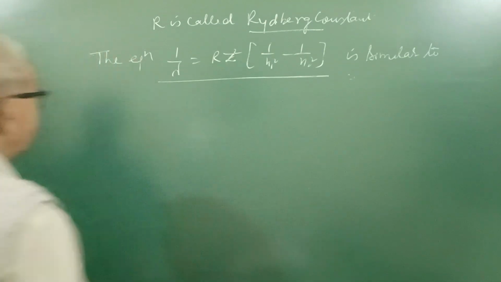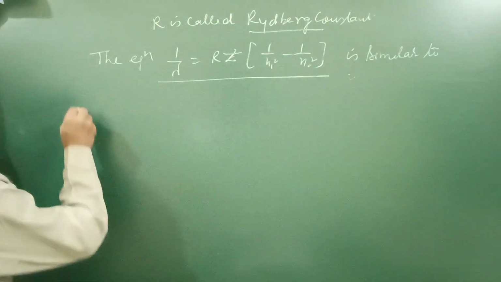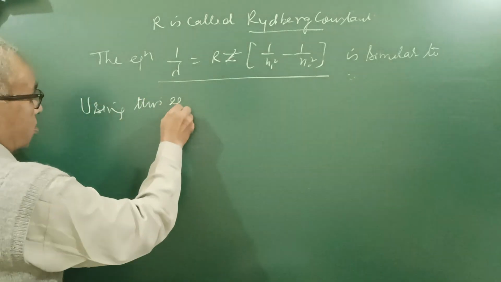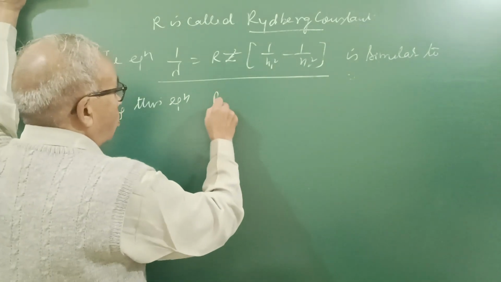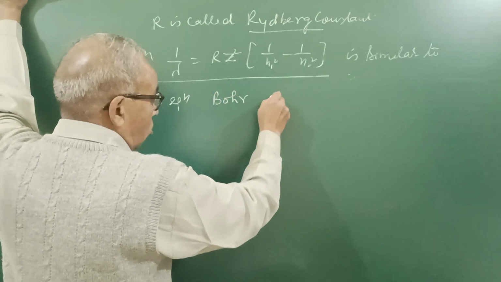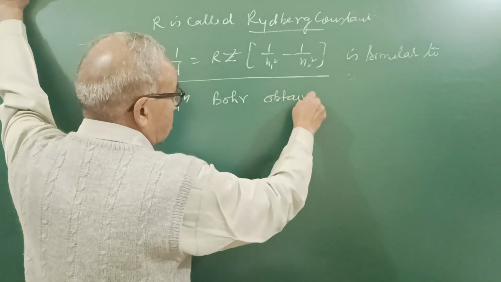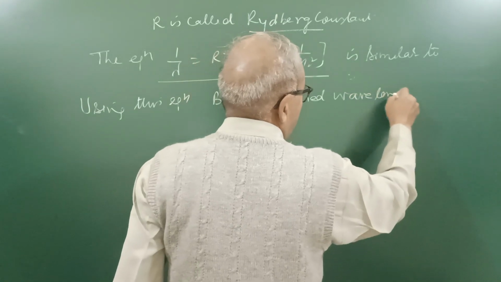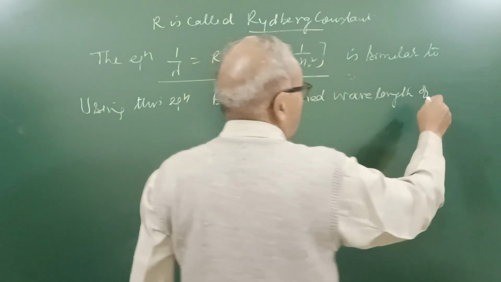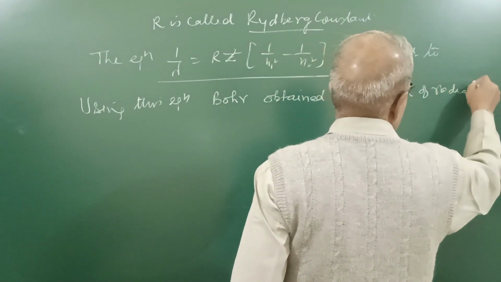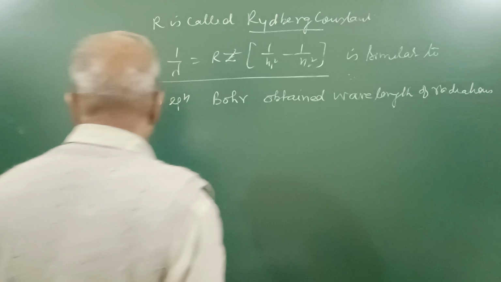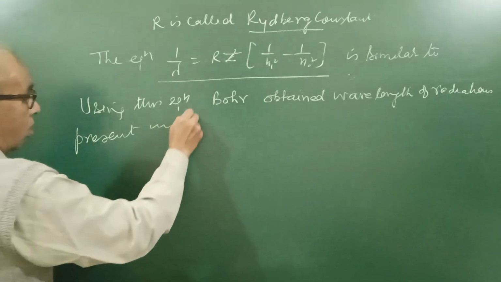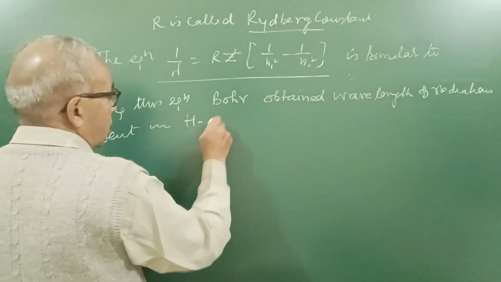Using this equation, Bohr obtained the wavelengths of radiations present in the hydrogen spectrum.